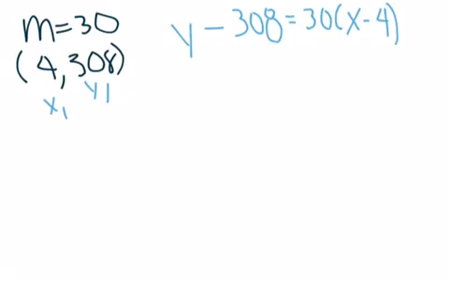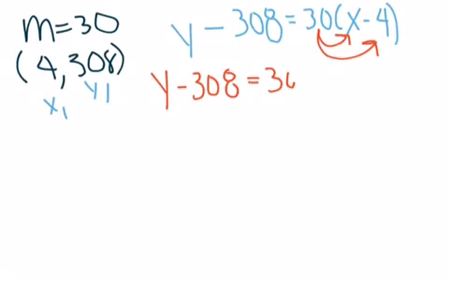Okay? So anytime you see parentheses and a number that is attached in front of it, we're going to distribute that. So let's bring this down. We got y minus 308 equals, multiply here and multiply here. So that's going to be 30x minus 120, because that negative belongs to the 4. And I want to put this in slope-intercept form.